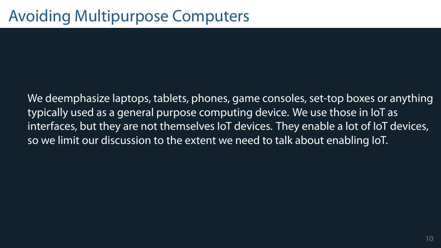We de-emphasize laptops, tablets, phones, game consoles, set-top boxes, or anything that's typically used as a general-purpose computing device. We use those in Internet of Things as interfaces, but they are not themselves Internet of Things devices. They enable a lot of Internet of Things devices, so we limit our discussion to the extent that we need to talk about enabling IoT rather than IoT itself, for which we're going to really consider those last 3 categories.